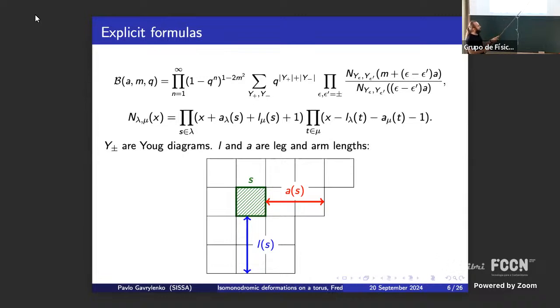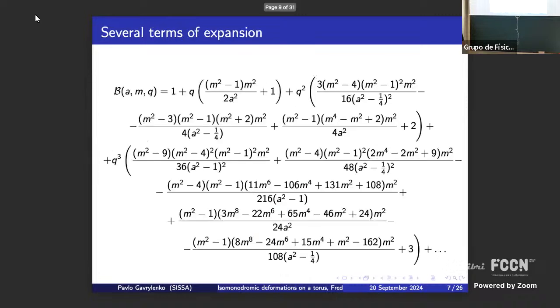They are also defined for boxes outside the diagram. They don't become negative. So there are these natural expressions, and they give a specific formula for this conformal block. The first two terms have this form.